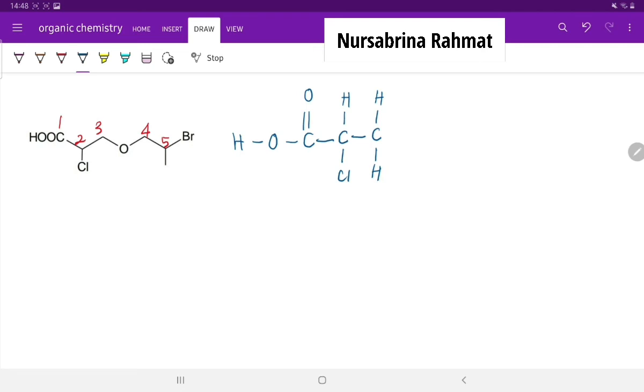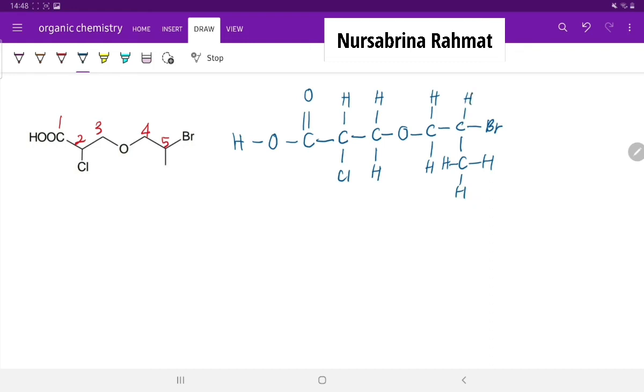Between carbon number 3 and carbon number 4, there is oxygen. At the 5th carbon, we have 1 bromine, and another one, we have CH3 or methyl as the side chain. So this is the expanded structure.